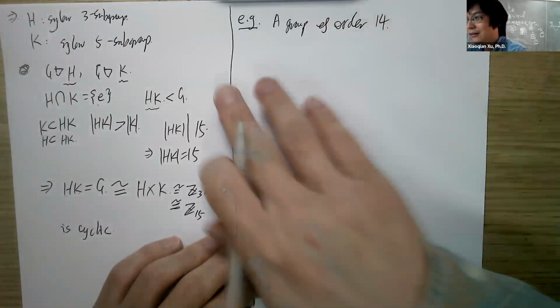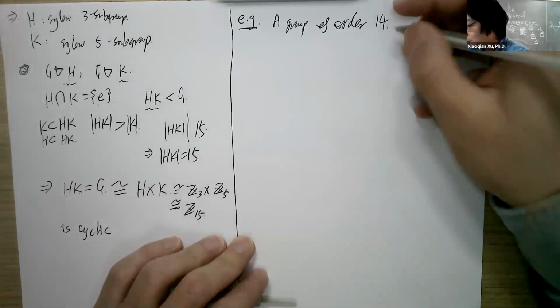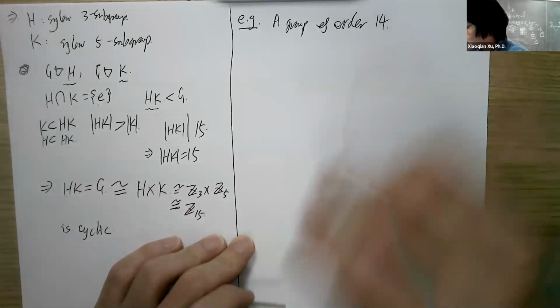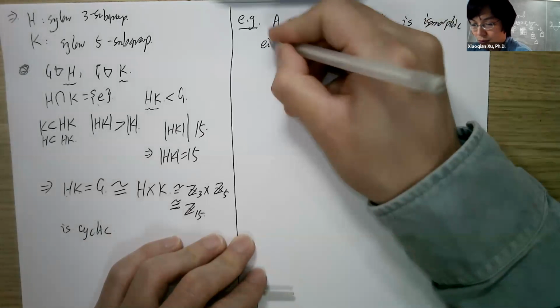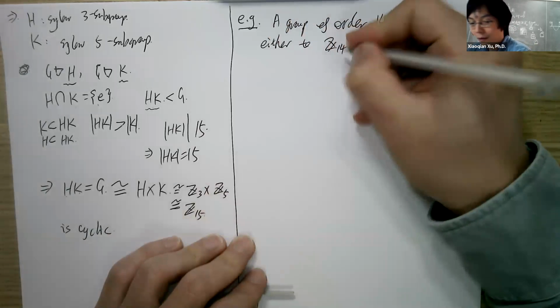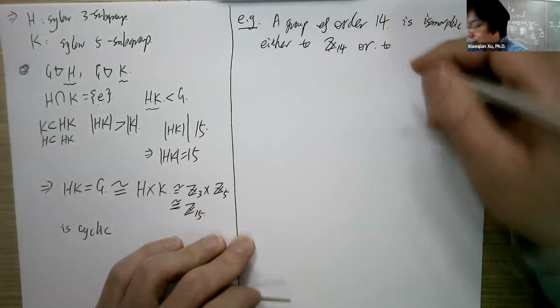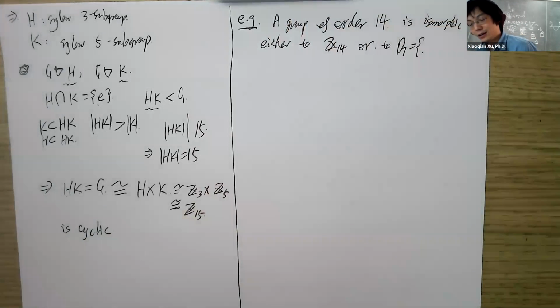Well, this example says that based on the Sylow theorems, we know that a group of order 14 is isomorphic either to Z14 or to D7, which is the so-called dihedral group, the seventh dihedral group.